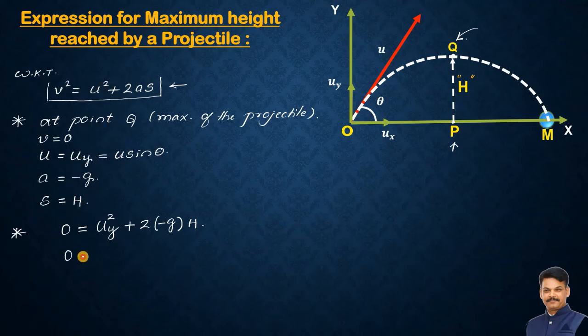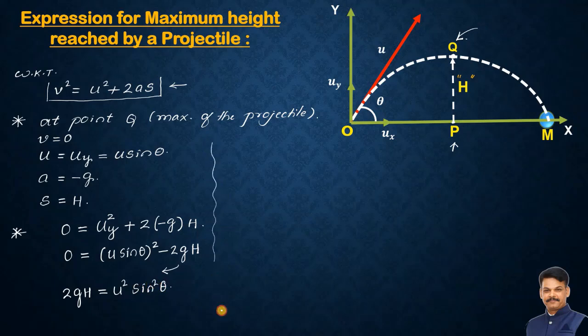Then uy is u sine theta, therefore it is u sine theta whole square minus 2gh. Now shift this 2gh to the left hand side. It will become 2g into h on the LHS, and the RHS is u square sine square theta.